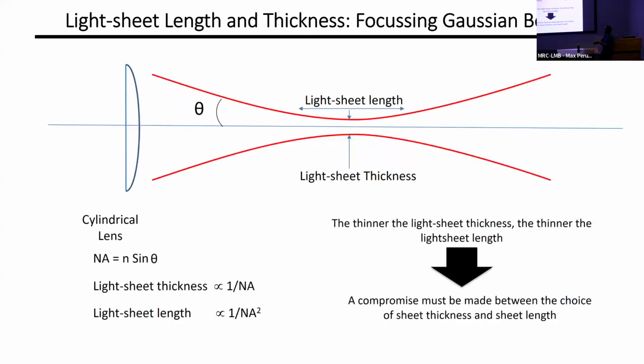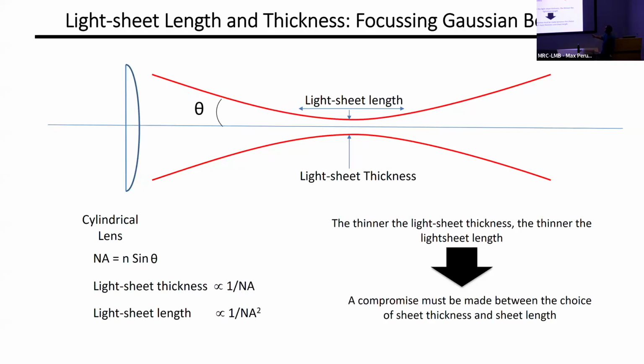But generally speaking, for all of these light sheet systems, there is one very important concept: the light sheet length and the light sheet thickness, so the thickness of the actual sheet of illumination, depend on the numerical aperture of the objective. This means that you cannot increase one without the other.